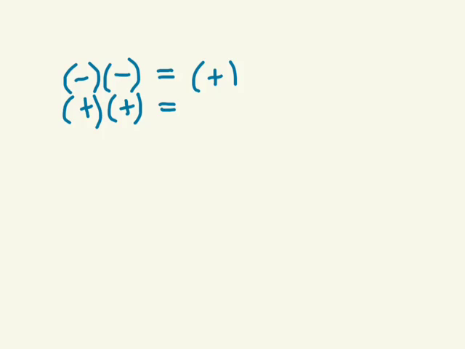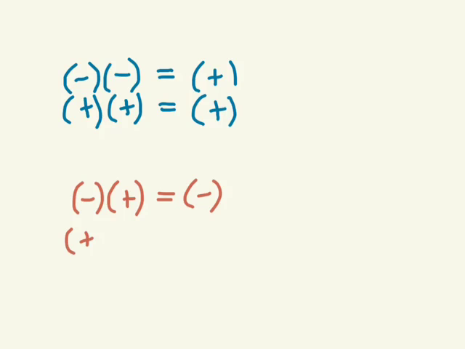Okay? Looking at multiplication and division of integers, if I multiply 2 negatives together, what will the result be? What about if I'm multiplying 2 positives together? The result will be? Excellent. If I am multiplying a negative and a positive, the result will be?